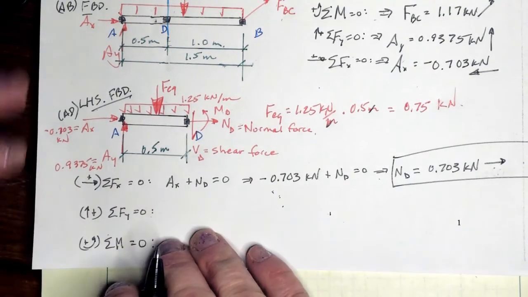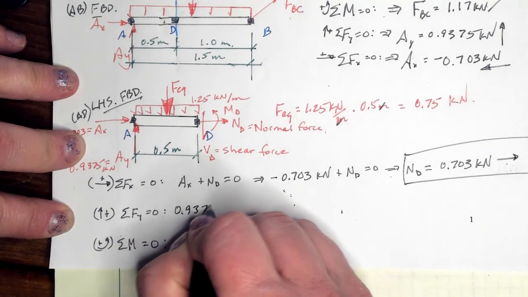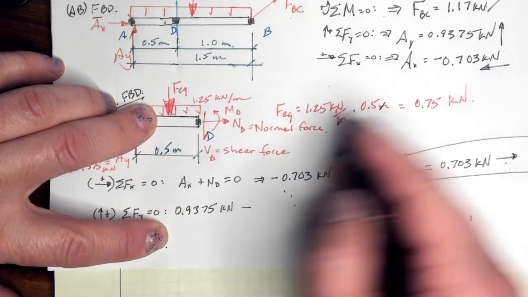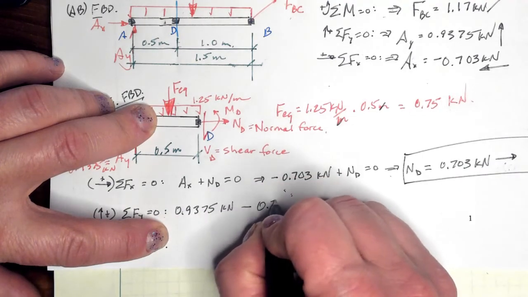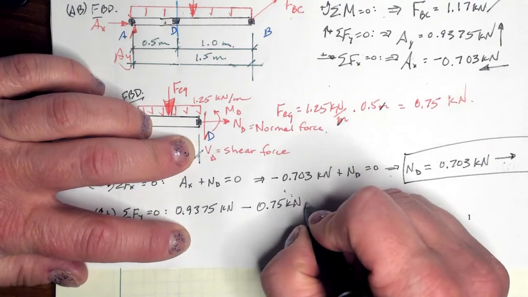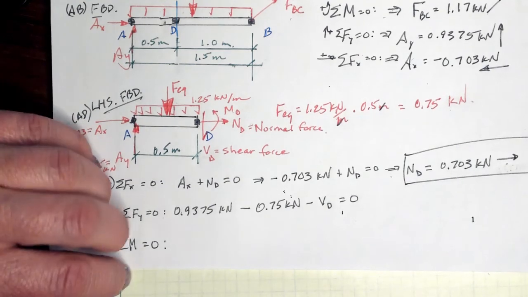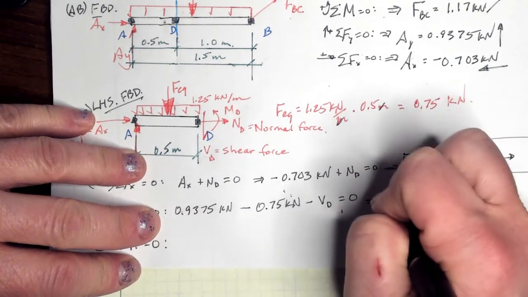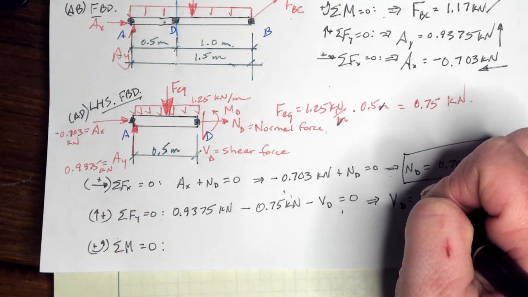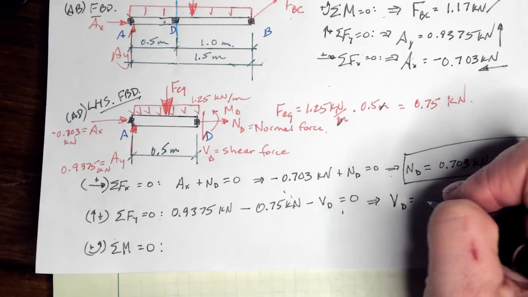Let's do the next one. We're going to have the Y, which is the 0.9375. We have the F_EQ, which is our 0.75 kilonewtons, down. And we have our V sub D. Okay, so if I solve, I'm going to end up with V sub D, oh, I made a calculation error.